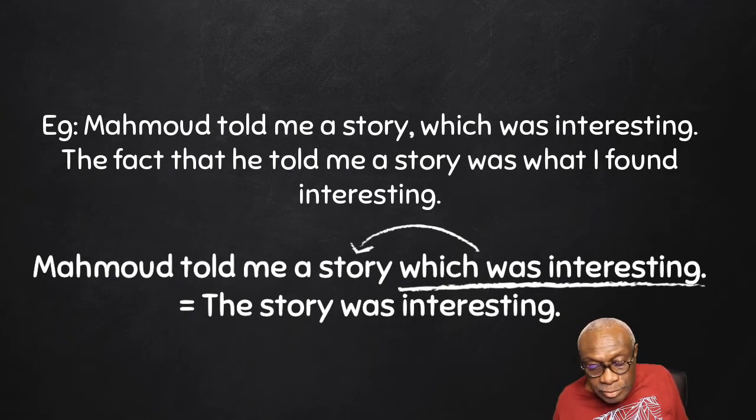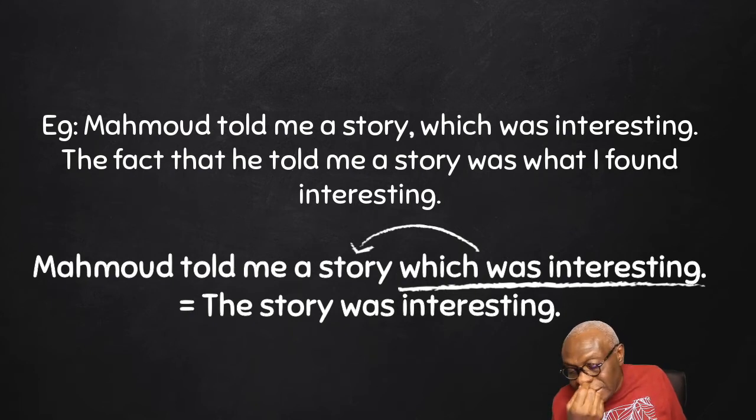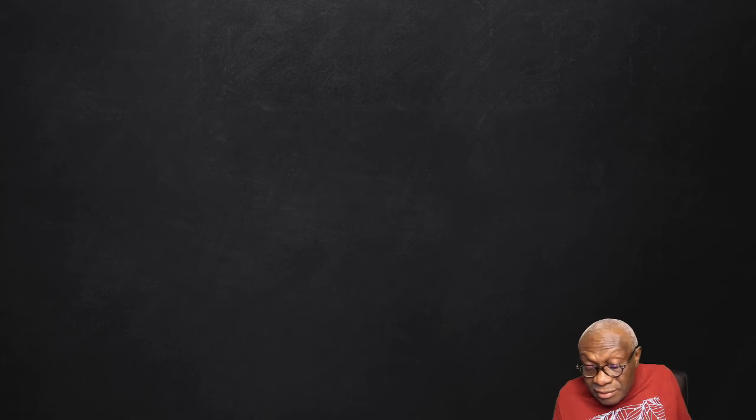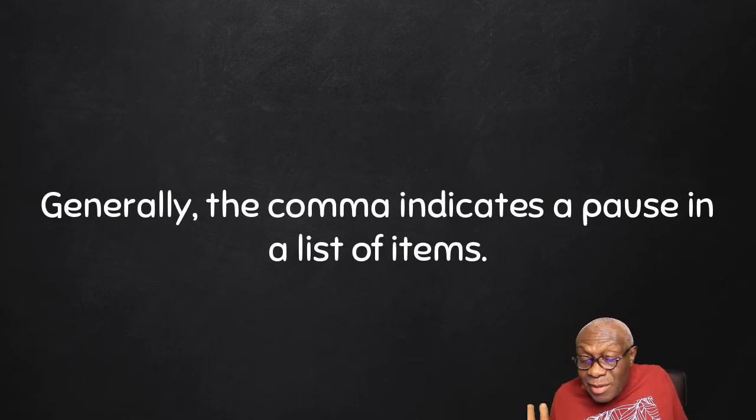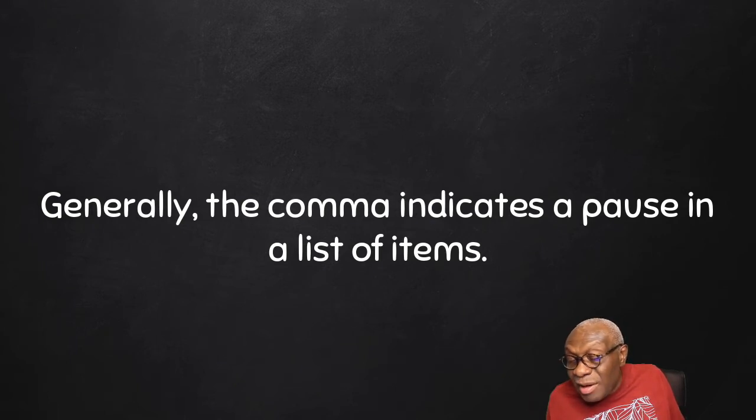Right. Now, what we've done today is that we have seen that generally a comma indicates a pause, which we all know, in a list of items. You don't need a comma before and, which precedes the last item, generally speaking. But if the last item is long, yes, you may need a pause before saying out that last item, so you put a comma.